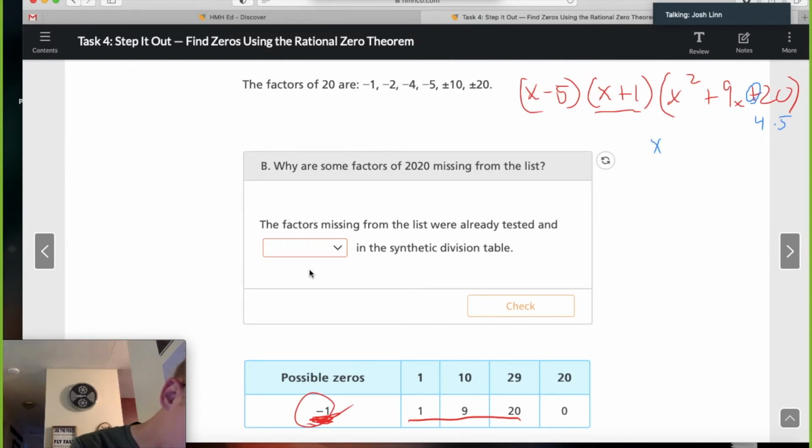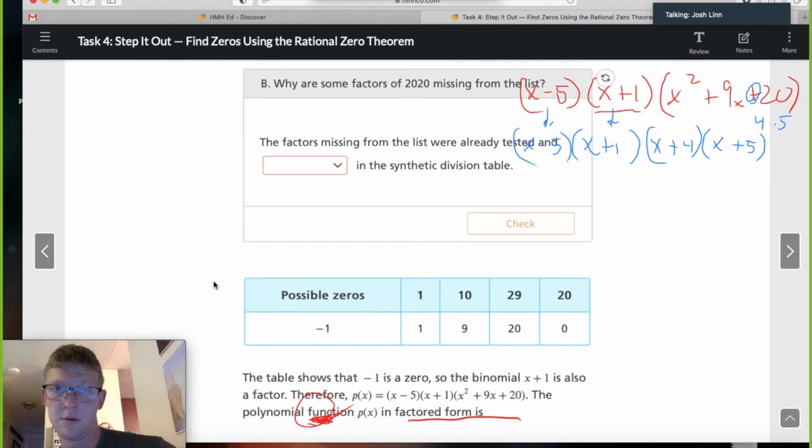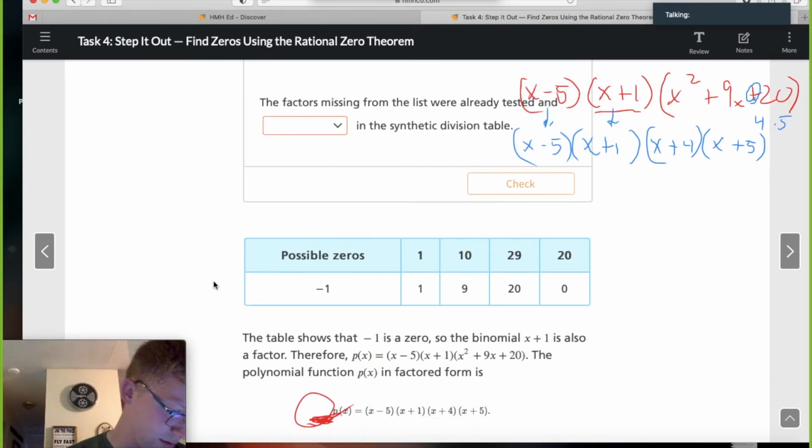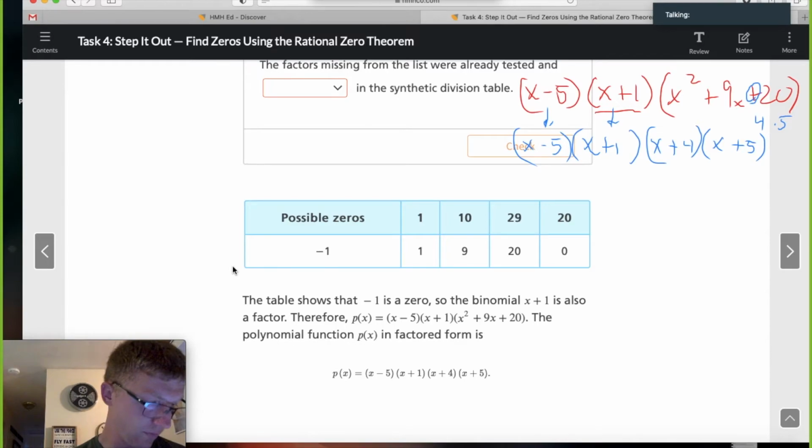So we can just do x plus 4, x plus 5, x plus 1 from right there, and then x minus 5 right there. Voila.